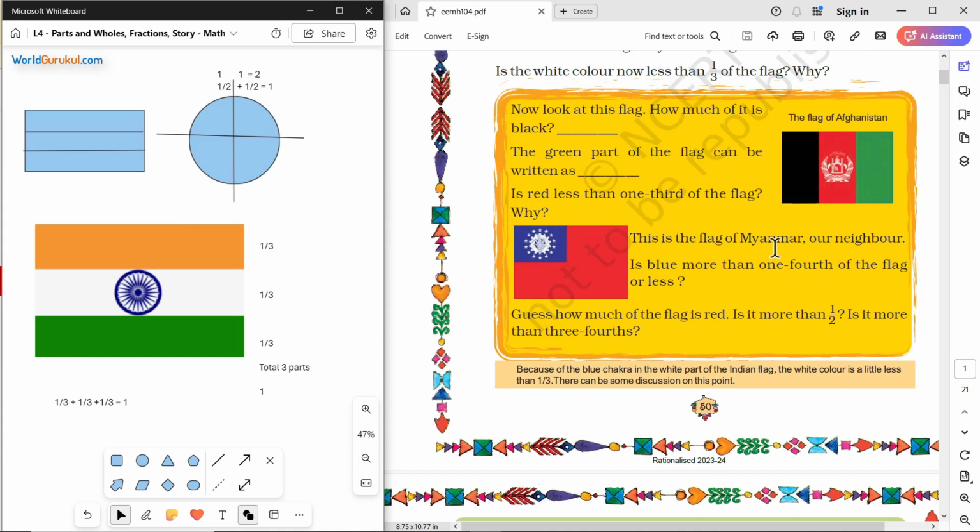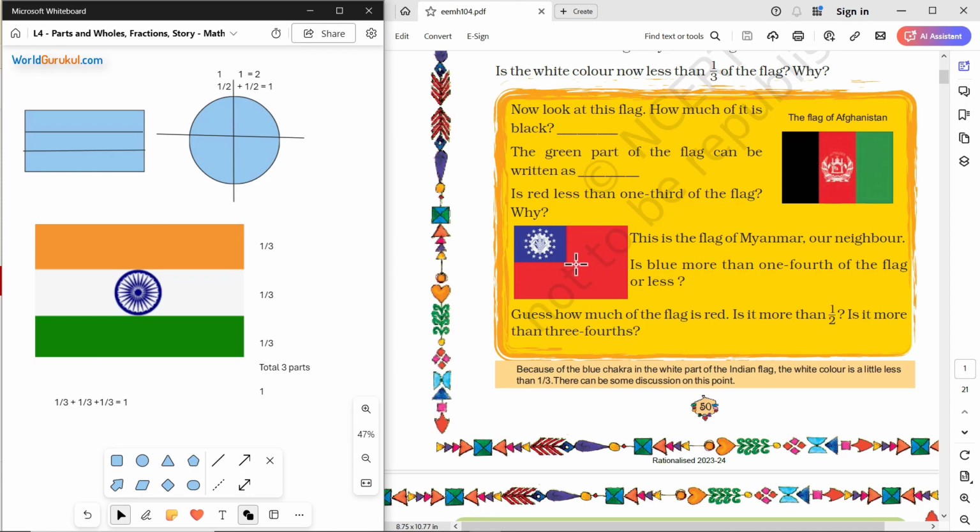We have the flag of Myanmar. Previously it was called Burma, and that's our neighboring country. So we have some blue emblem or insignia here, and it's occupying approximately how much portion of the total flag? It is less than half, right?